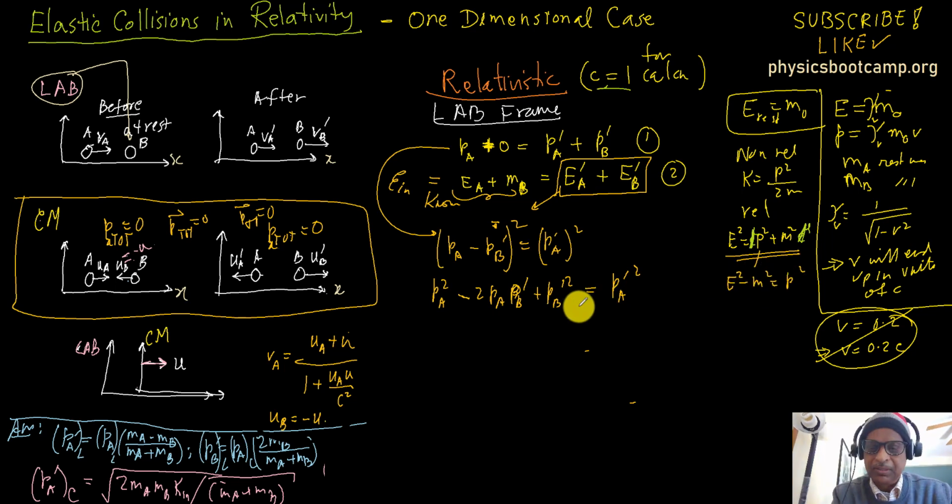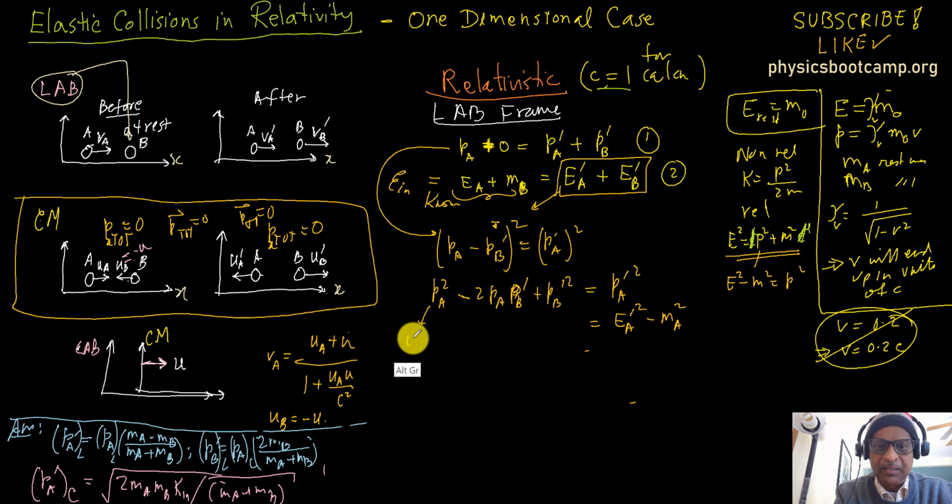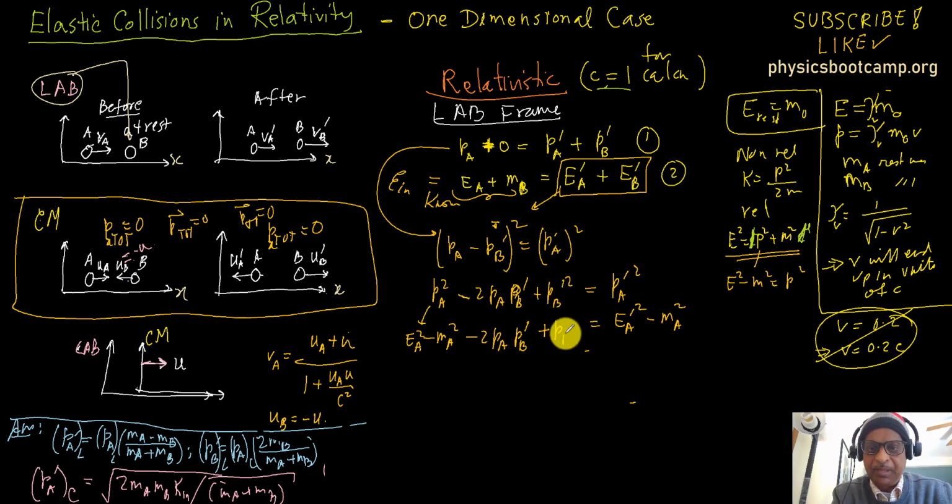So I can write this as E_A prime squared minus M_A squared, and this one will be E_A squared minus M_A squared, so we have minus 2 P_A P_B prime plus P_B prime squared.